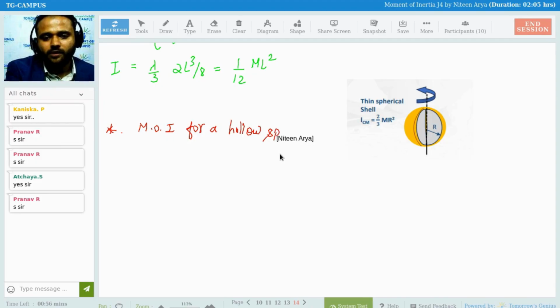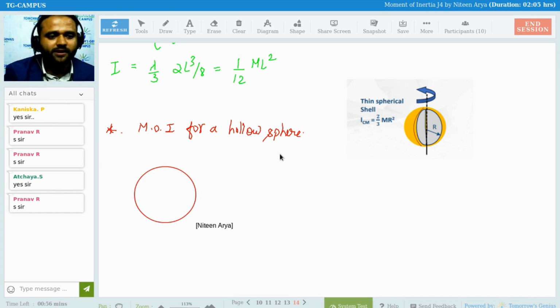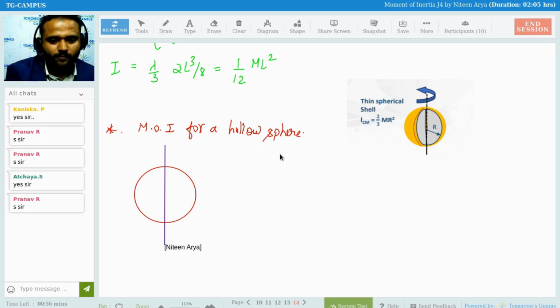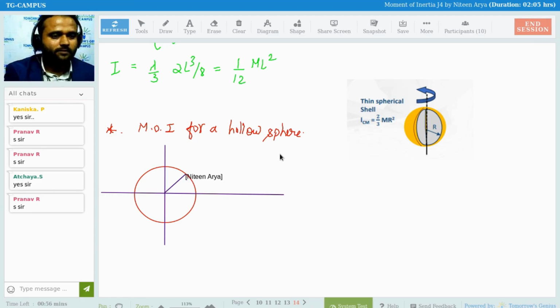So a hollow sphere is this, or a ring. This ring has 3 axes. Clear?